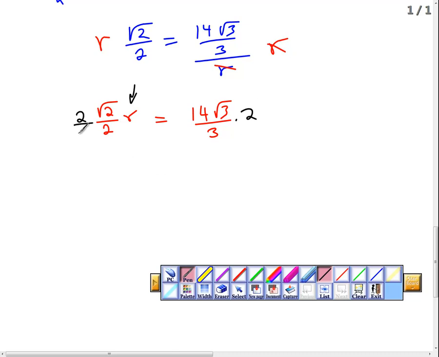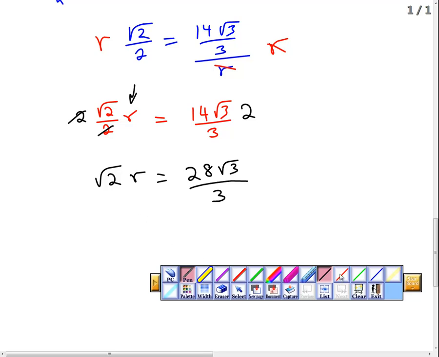And so basically we can just apply the reciprocal, right? So actually, let's just multiply the 2 first. So we multiply 2 to both sides, and we get square root of 2 times r equals 28 square root of 3 over 3.